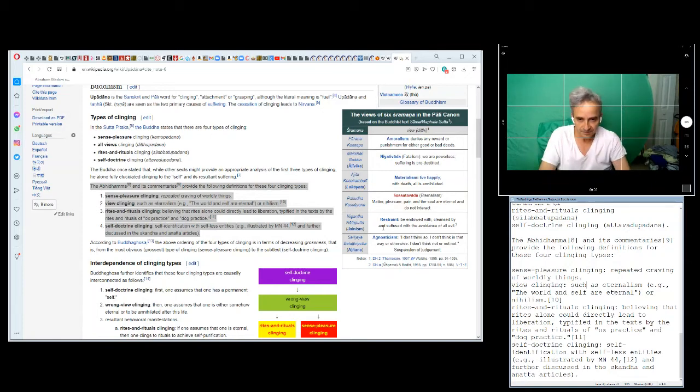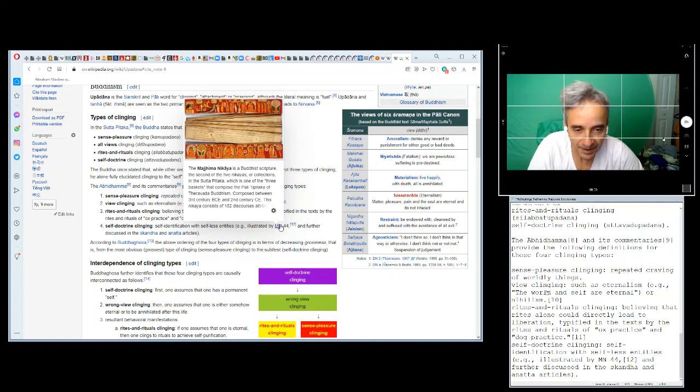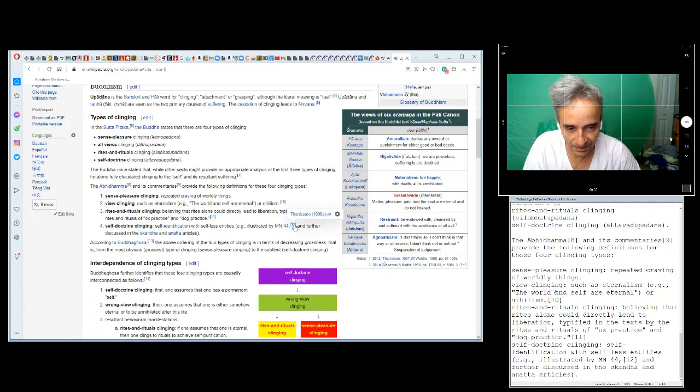Clinging, it means fuel, material cause, a substrate that is the source and means for keeping an active process energized. It is also an important concept referring to attachment, clinging, and grasping. It is considered the result of tanha, craving, and part of the dukkha, pain, suffering.